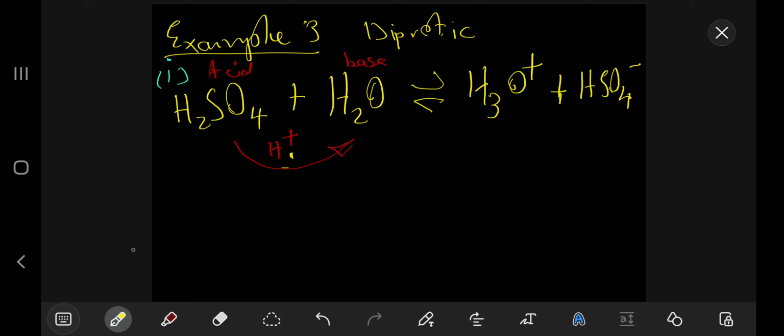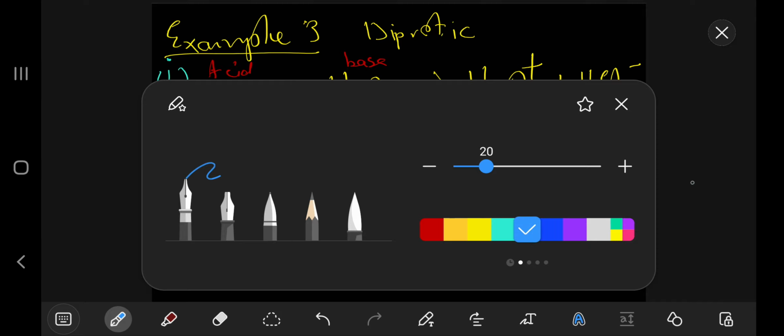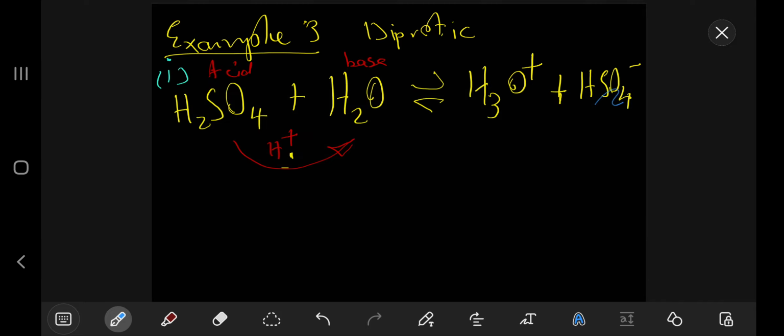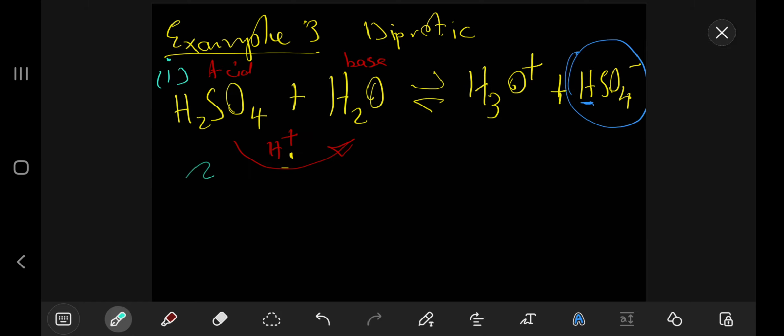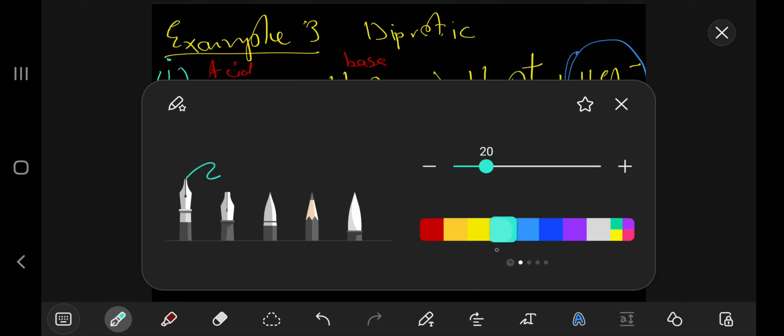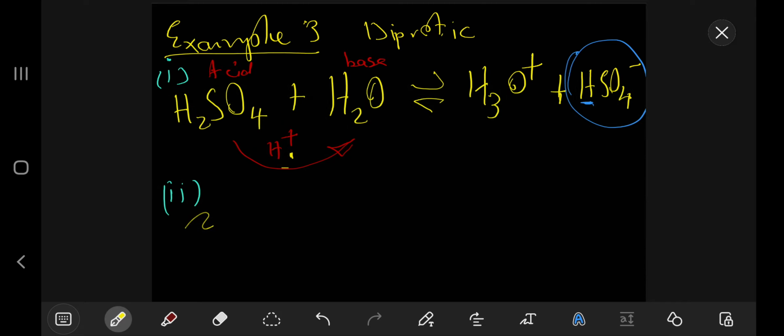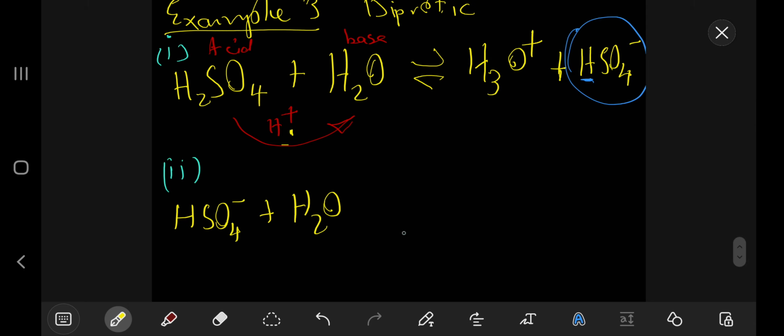And for the second equation, there is still 1 hydrogen left to donate. So for the second reaction, you take HSO4 minus, which again reacts with water, right?